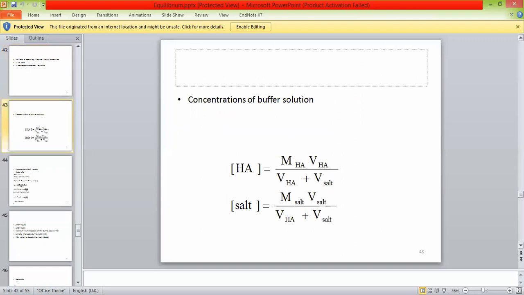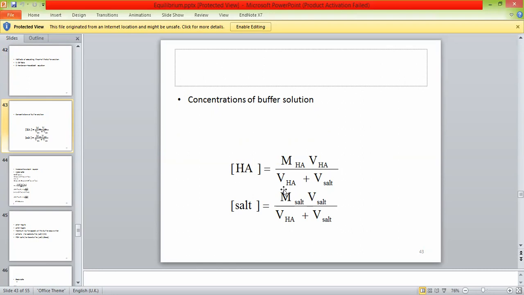So when you have the concentration of a buffer, this is just the concentration of a weak acid, which is equal to M of the weak acid times V of the weak acid, divided by V of the acid plus V of the salt. This is how you find this concentration. So this is the volume of the acid, molar concentration of the acid, then the volume of the acid plus that of the salt.